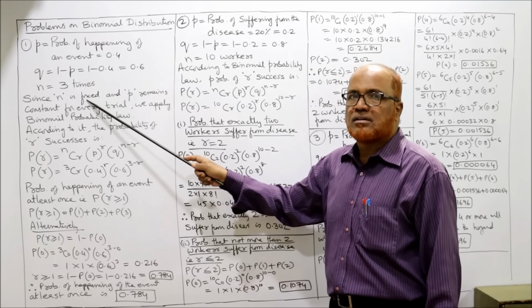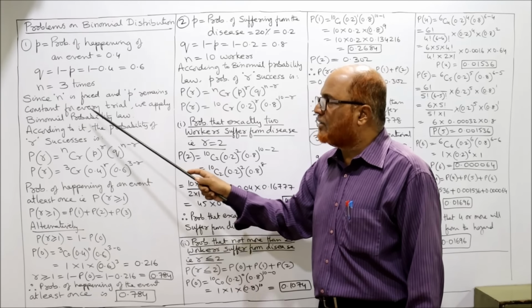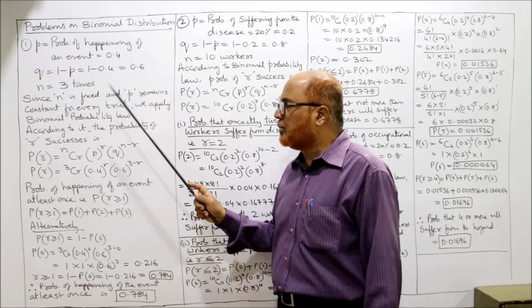Since n is fixed and P remains constant for every trial, we apply the binomial probability law.